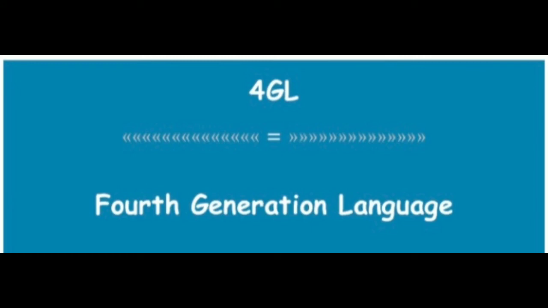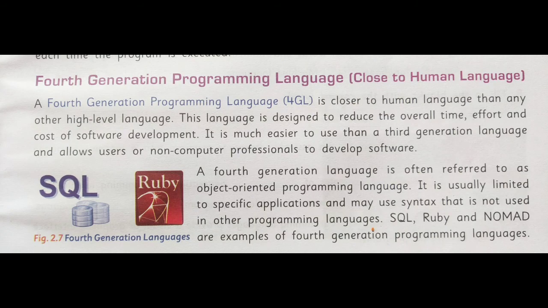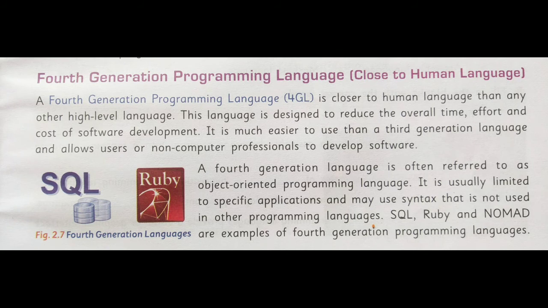Fourth generation programming language, which is close to human language. A fourth generation computer language or 4GL is closer to human language than any other high level language. The language is designed to reduce the overall time, effort and cost of software development. It is much easier to use than a third generation language and allows users or non-computer professionals to develop software.